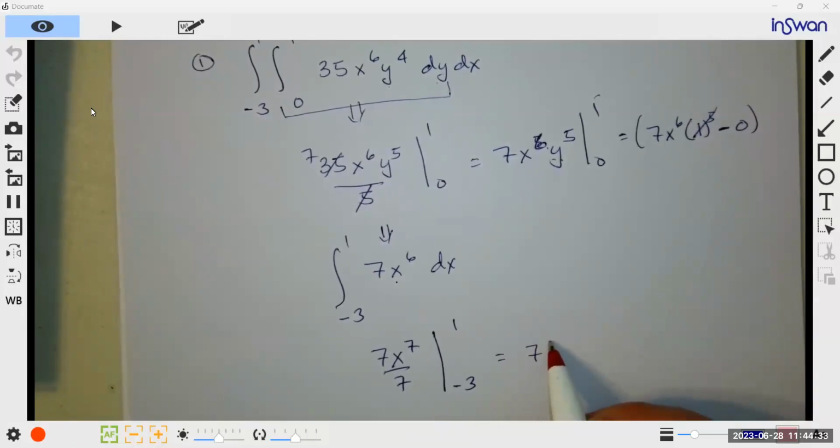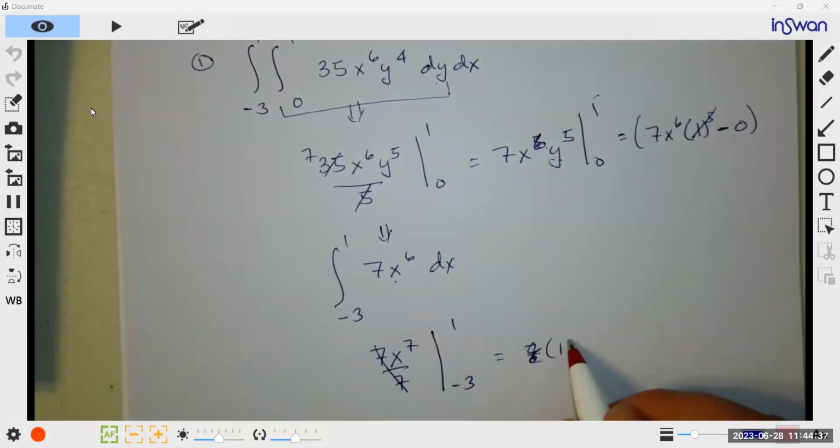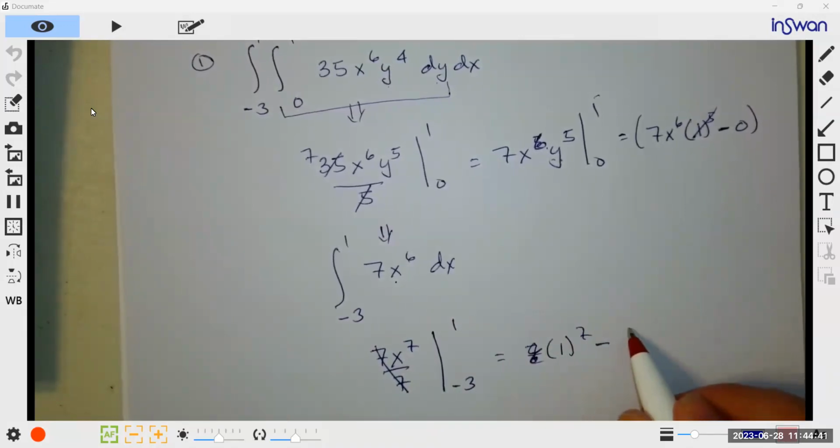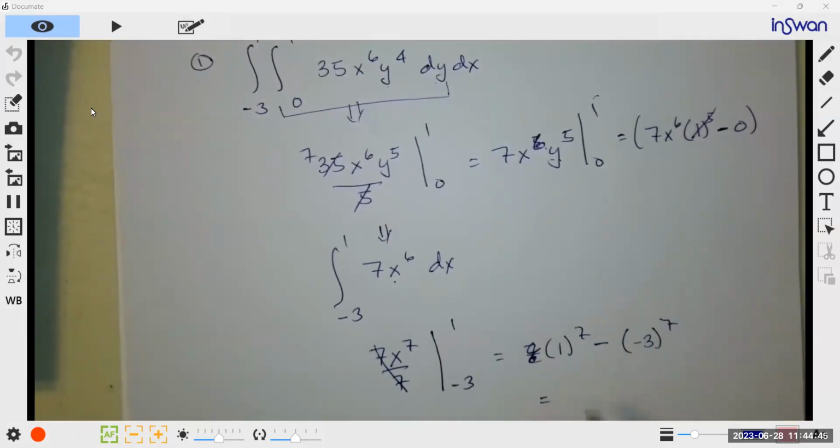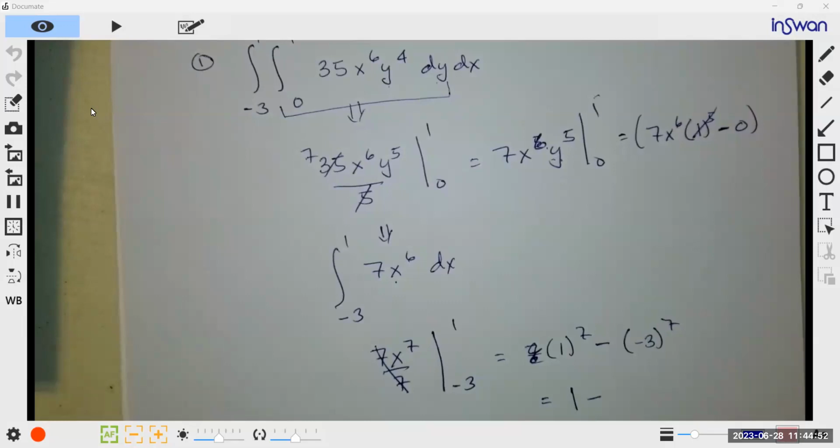The 7s cancel, so it's 1 to the 7th minus -3 to the 7th. So it's 1 minus, let's see what -3 to the 7th is.